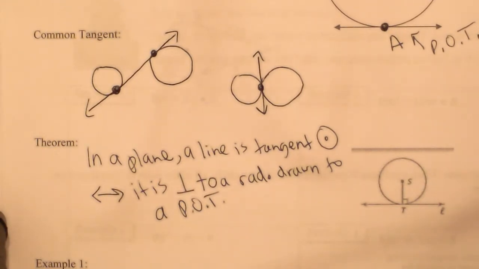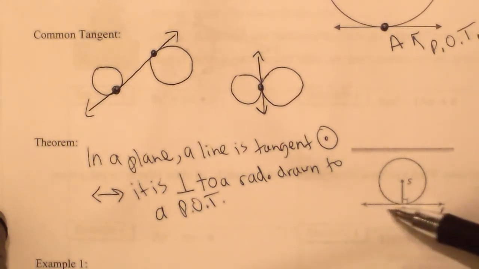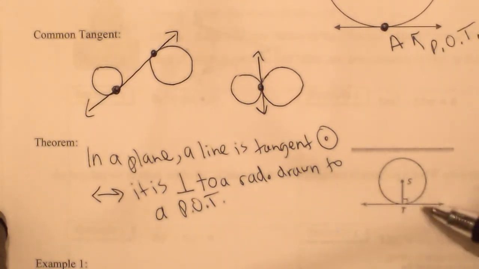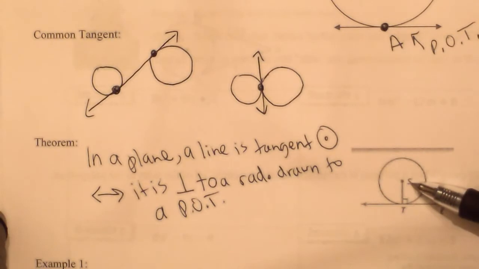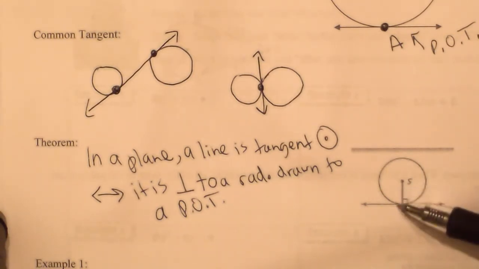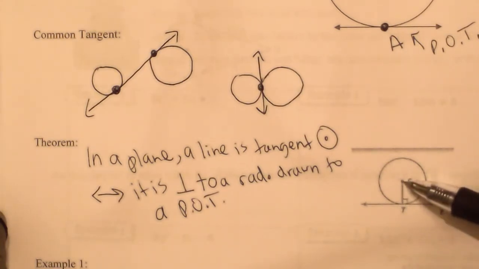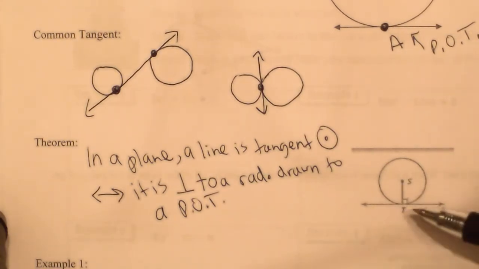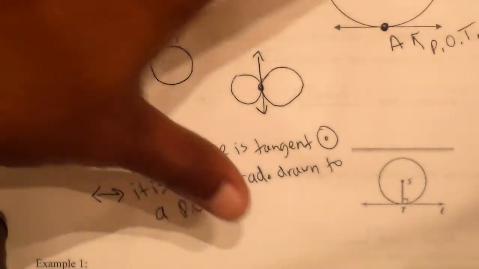And here's an example of that. Line L is the tangent line, and it's tangent to circle S. It's showing that the radius is perpendicular to that point of tangency, which is point T. Got it?